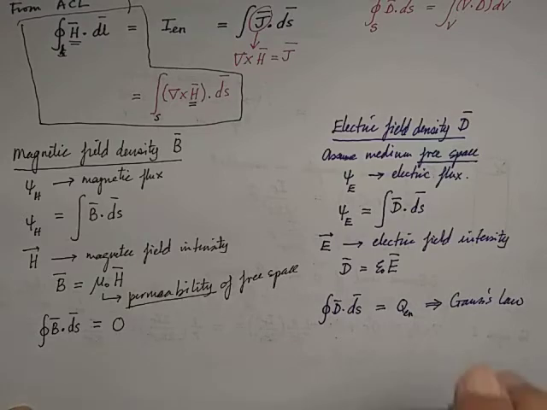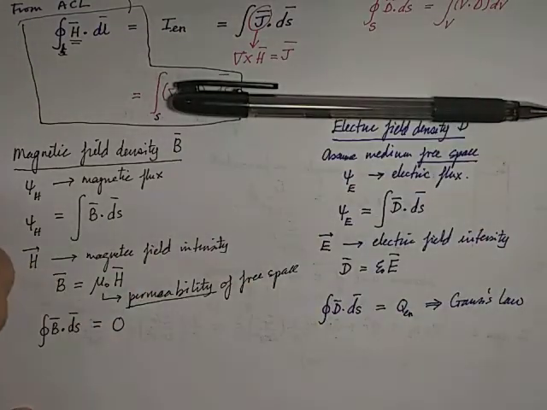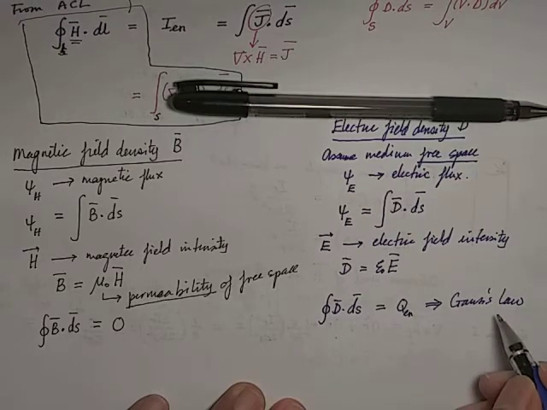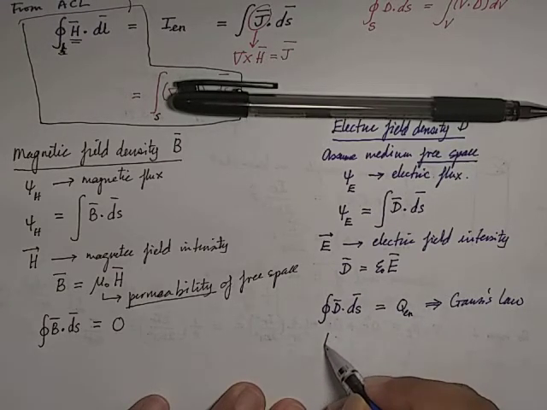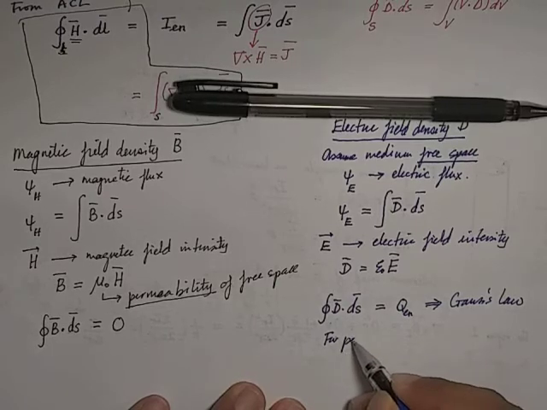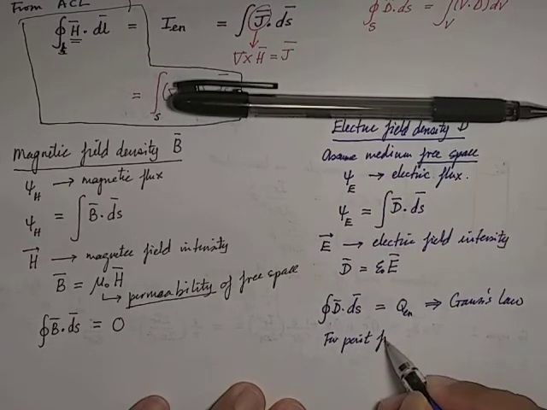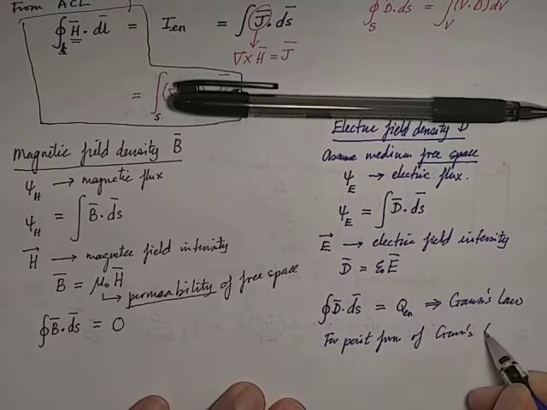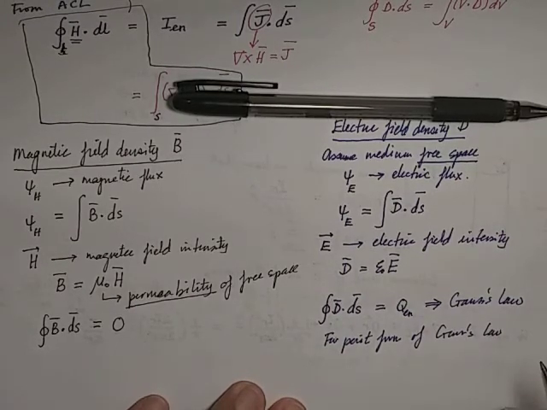Okay, so I'm going to conclude my discussion now with this final equation. For the point form of Gauss law, what should be our equation? Good.